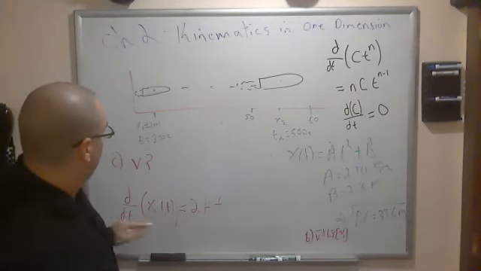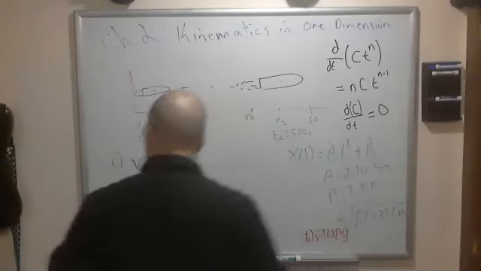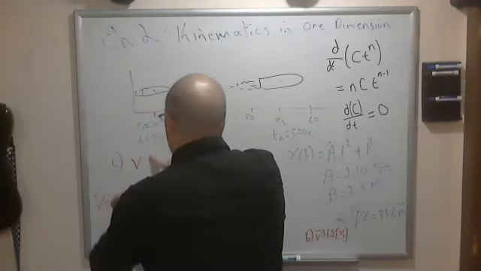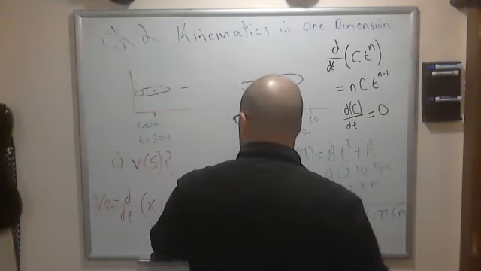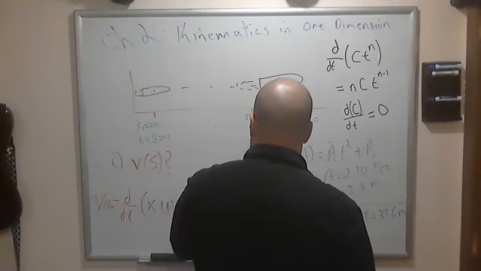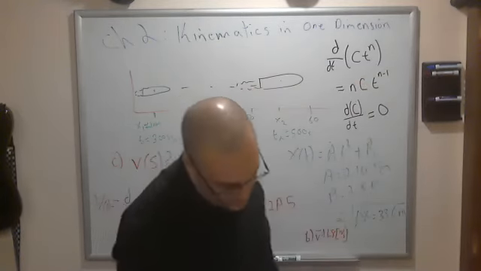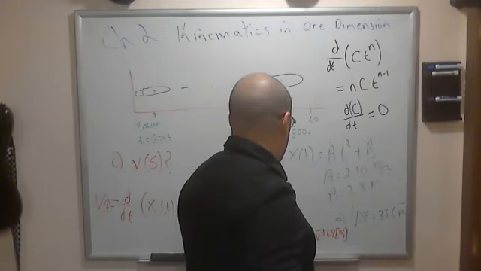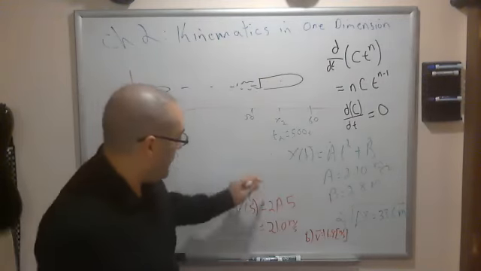So the instantaneous velocity is given by this, and I should put this as a function of t. Since we want 5 seconds, v at 5 is just equal to 2 times a times t, which is 21 meters per second at 5.